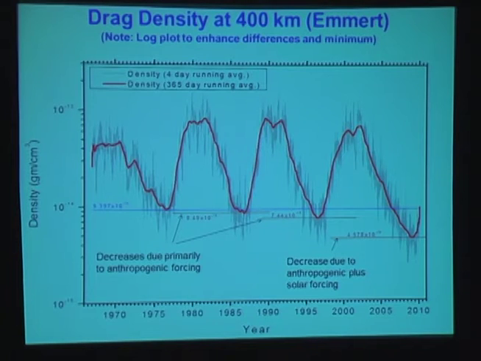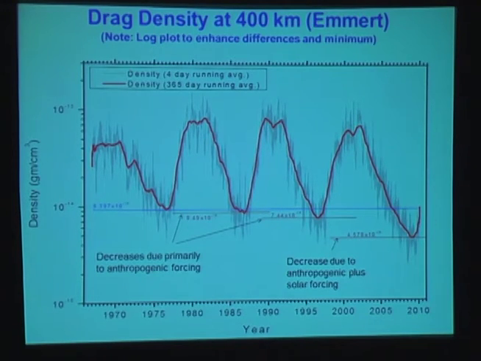That cooling in the middle atmosphere actually brings the whole atmosphere down, which then causes a reduction in the density at 400 kilometers. But then this last drop is quite large. This was where I think the density dropped by 40%, and then NASA puts out press releases saying that the sky is falling, that space is now 40 kilometers closer than it used to be, things like that.